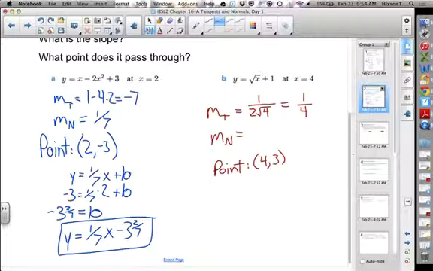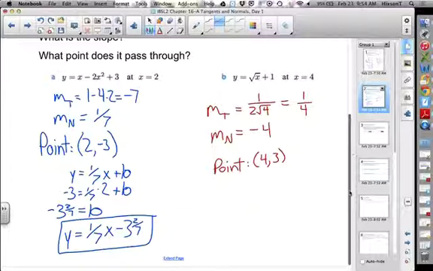Alright guys, what did you get for the slope? Negative 4, good. Make sure you make it the negative reciprocal, not just the reciprocal. Then you get y equals negative 4x plus 19.